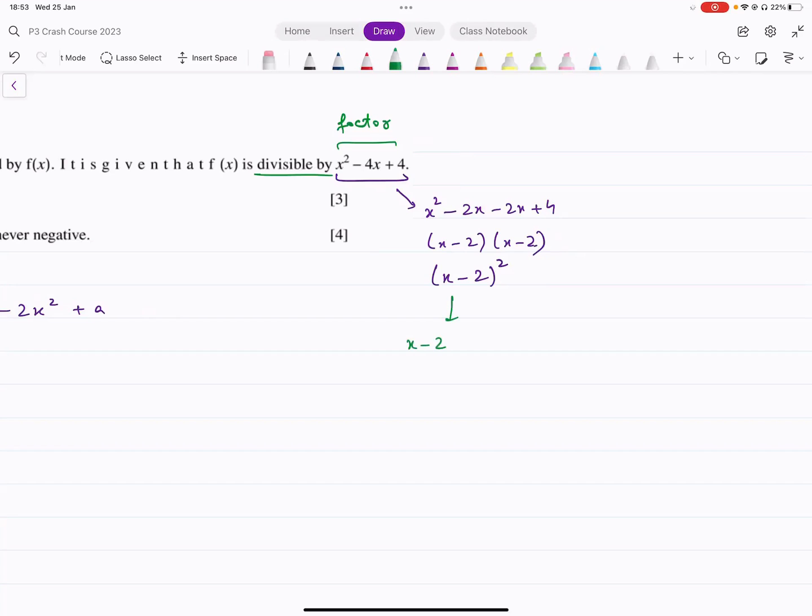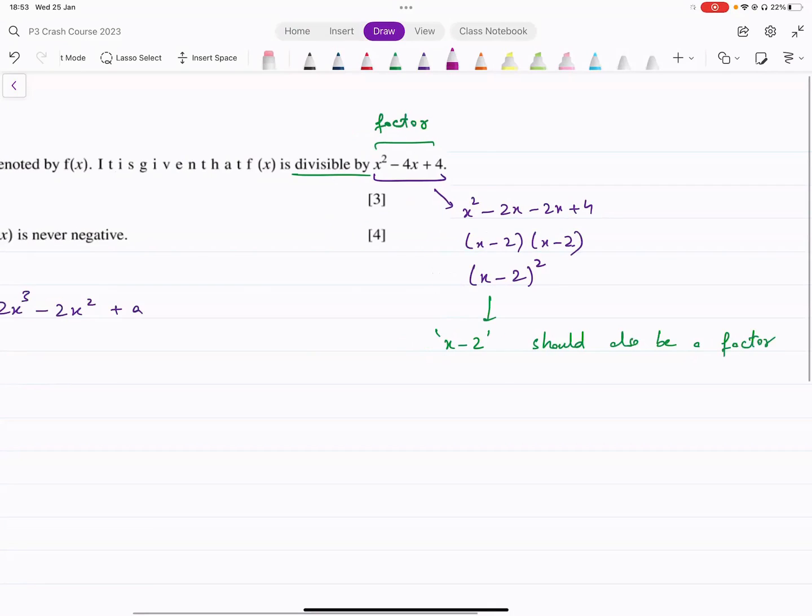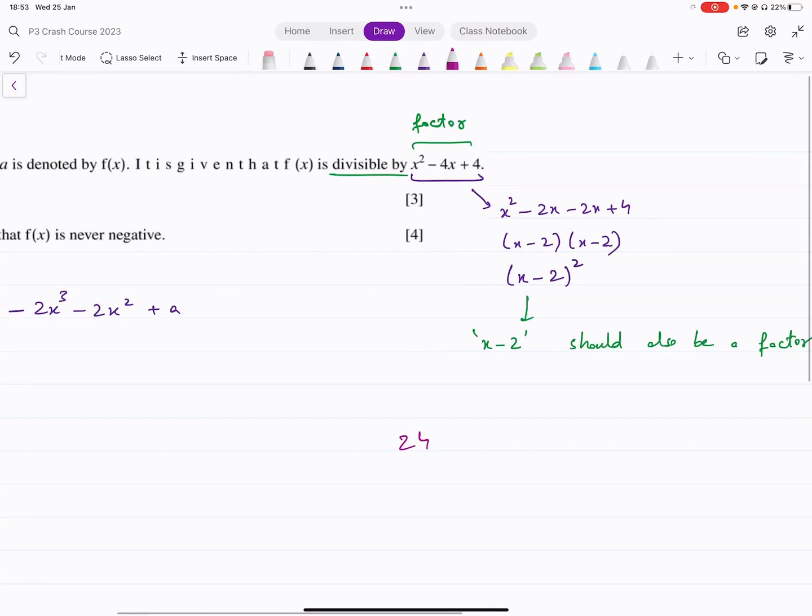Now, if this was a factor, x minus 2, which is something linear, this should also be a factor. Does that make sense? Just like if you had 24 and you knew that 8 is a factor of 24, any factor of 8 that you can find further, for example, 2 and 4, these are also factors of 24, right?